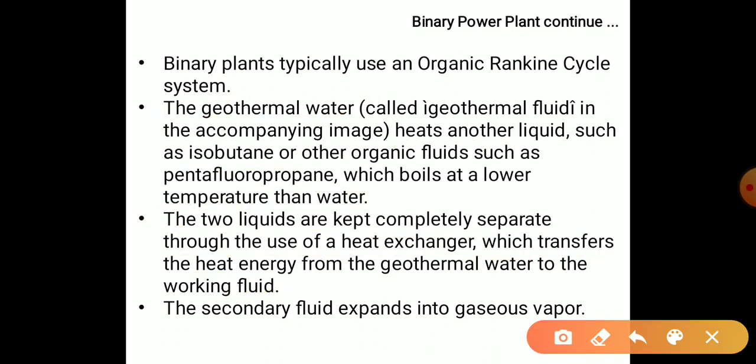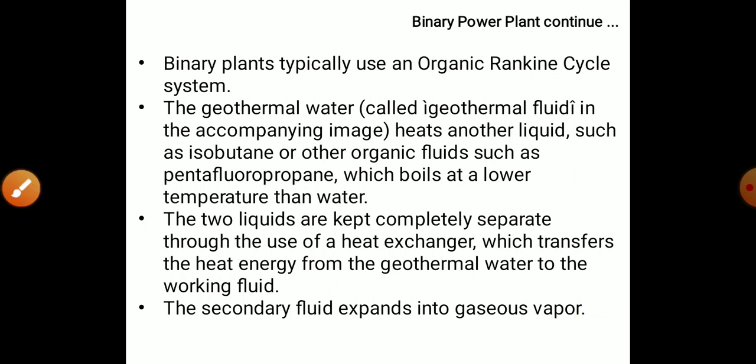What happens to the second fluid, the isobutane or organic fluid? This second fluid expands into a gaseous vapor. Here we cannot use the word steam, because steam is basically used for water when it evaporates. If we think of it as vapor, it is most suitable for understanding. So the second fluid expands into the gaseous vapor.